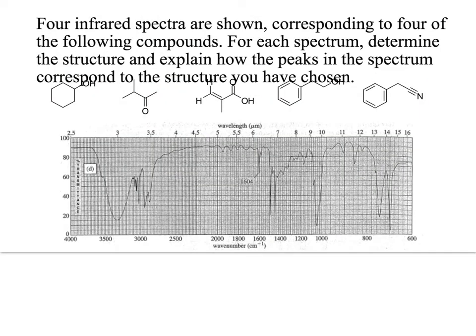Okay, so for infrared, spectra are shown corresponding to four of the following compounds. For each of the spectra, determine the structure and explain how the peaks in the spectra correspond to the structure you chose. Okay, so we're going to match these structures with the spectrum. And so let's look. First of all, you look for a carbonyl.